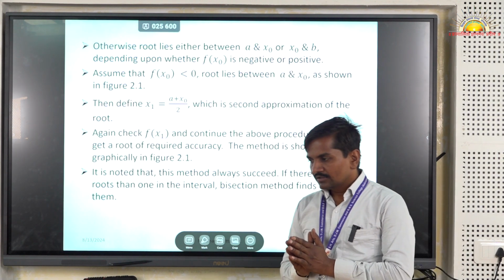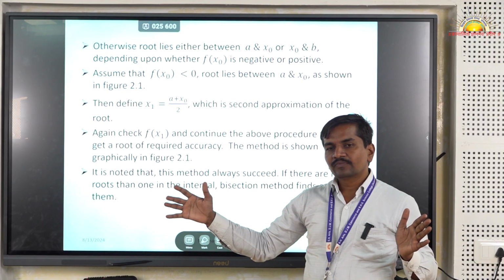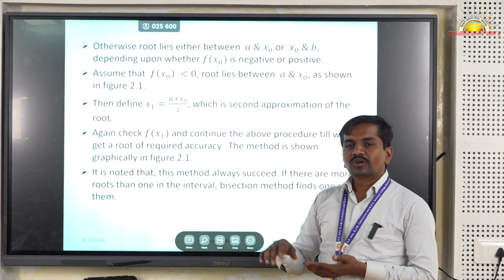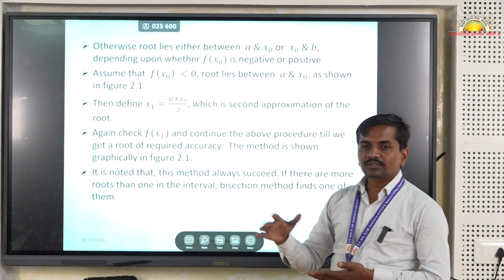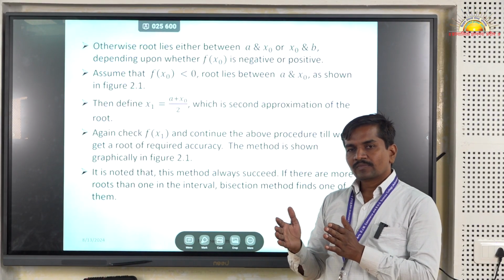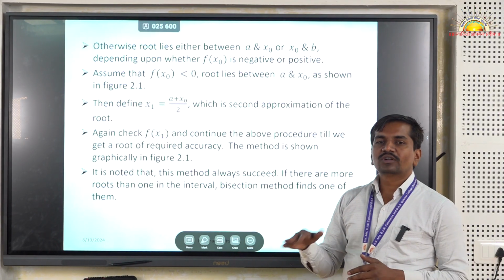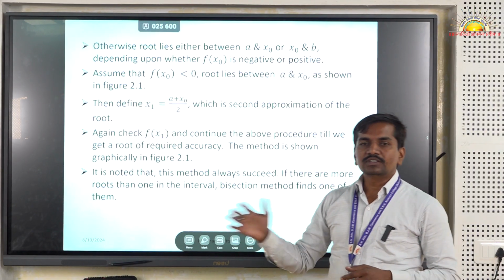If we choose an initial interval whose length is large, then the convergence to the root is slow, and if we choose an interval containing the root whose length is very small, then convergence to the root is fast.